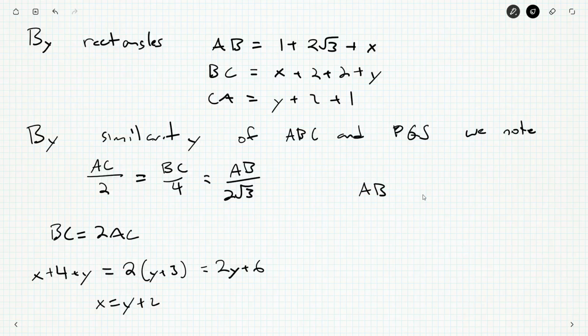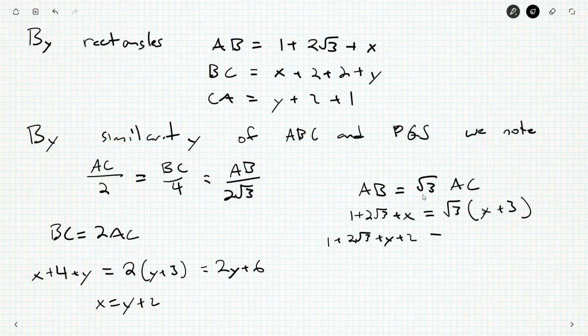And now AB is going to be root 3 times AC. Well, that's 1 plus 2 root 3 plus X is equal to root 3 times Y plus 3. And that's 1 plus 2 root 3 plus Y plus 2 is equal to root 3Y plus 3 root 3.